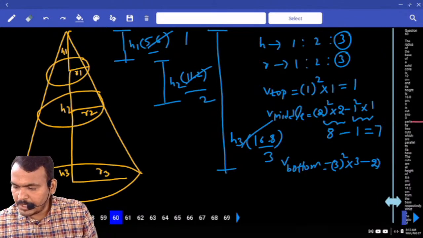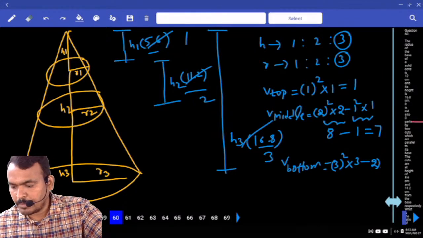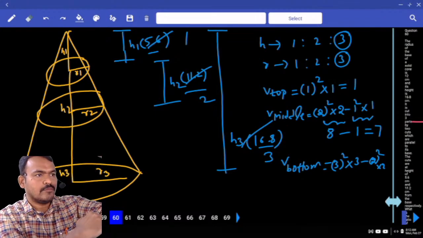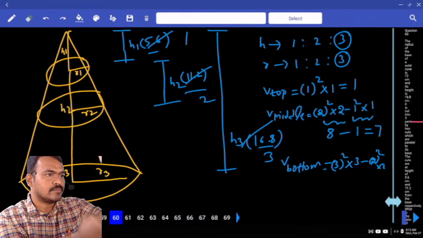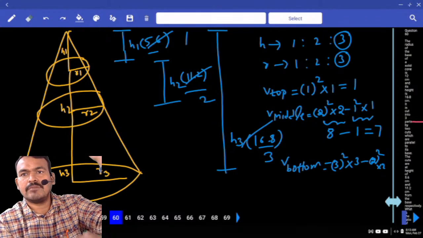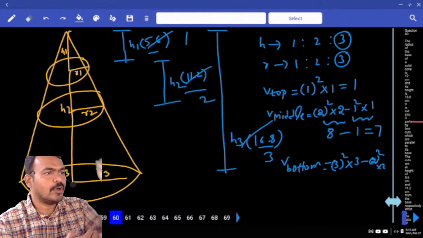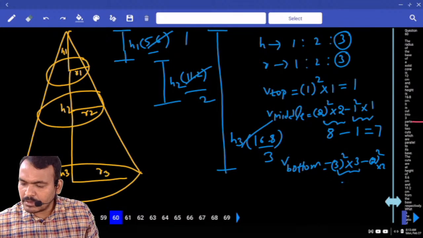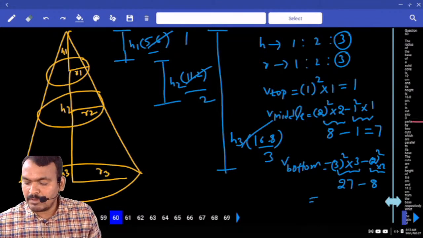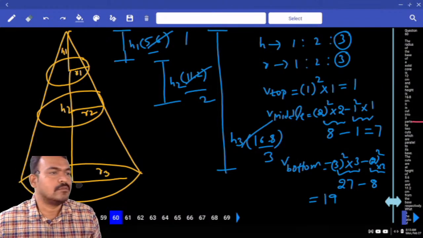Minus 2 square into 2. 3 square into 3 means 27. 2 square into 2 means 8. 27 minus 8, 19.